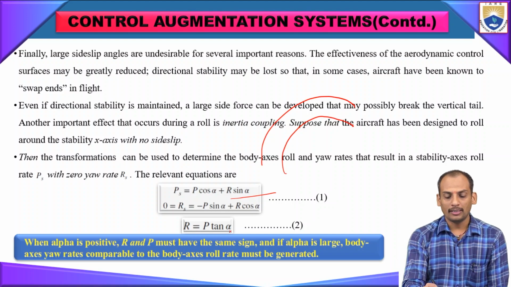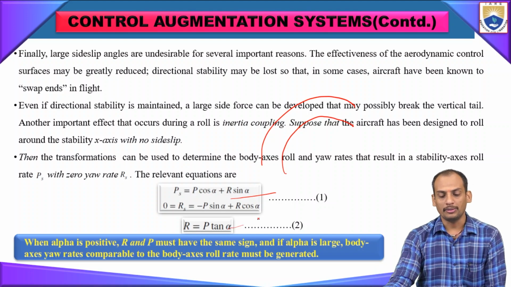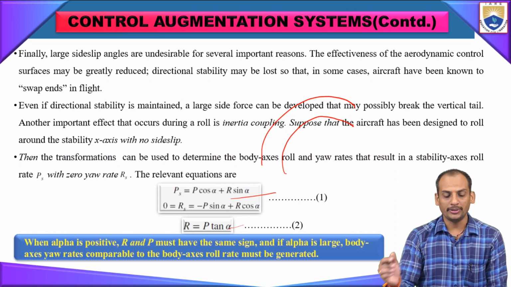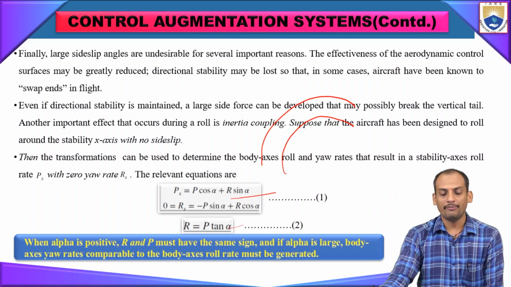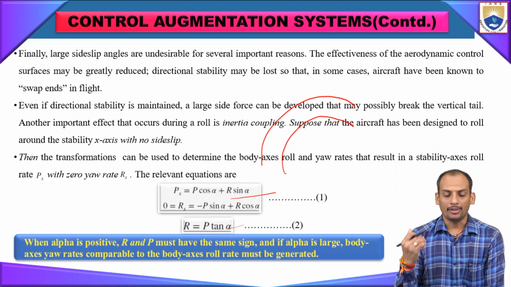Another equation is that r will be p tan alpha. Here alpha is positive, because we need positive alpha values, and r and p must have the same sign. When alpha is large, the body axis yaw rate comparable to the body axis roll rate must be generated.